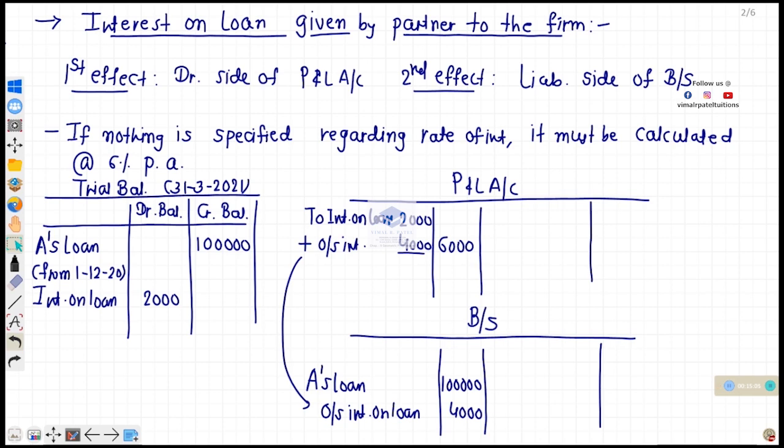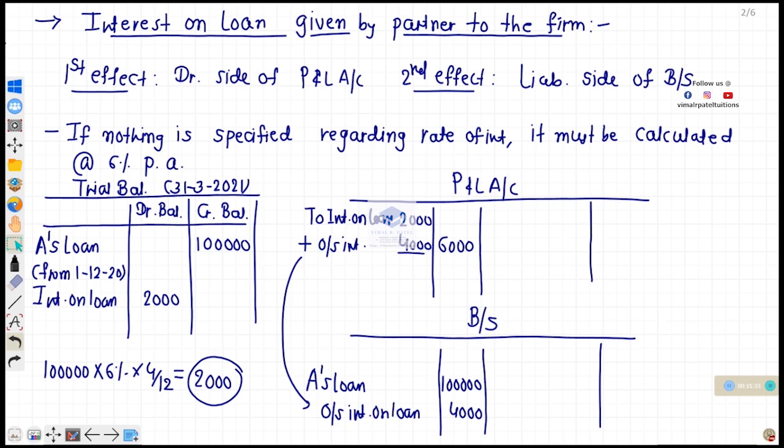Then interest on loan will be 6% of 1 lakh into 4 divided by 12. So it will be 2000.